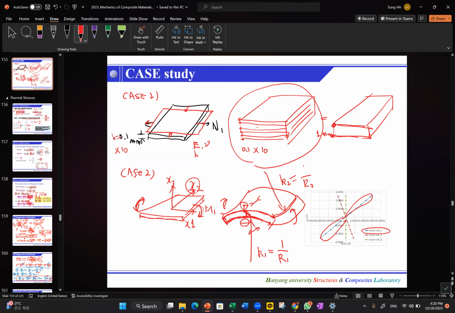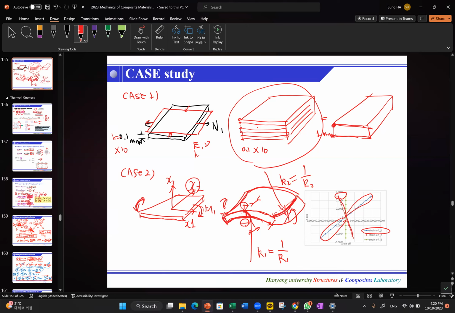Understanding this anticlastic curvature is very important for understanding our plate. That's why this way we have a compression, negative, and the bottom is positive.